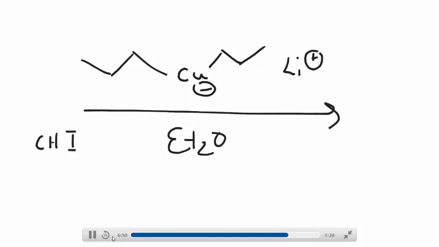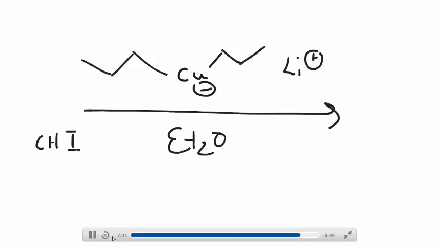These tend to work best with methyl groups, though they do work fairly well with primary alkyl halides as well. Secondary and tertiary, not so much. I'm not saying it's impossible, but they don't work real well. And they work best with really good leaving groups, like tosylates and any of the halogens, but iodide best, then bromide, then chloride, and fluoride being the worst.